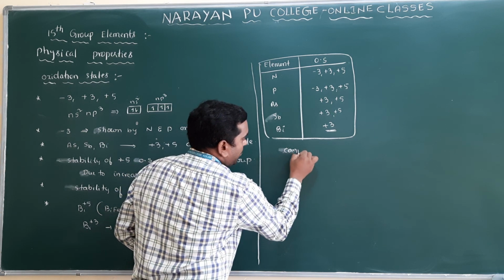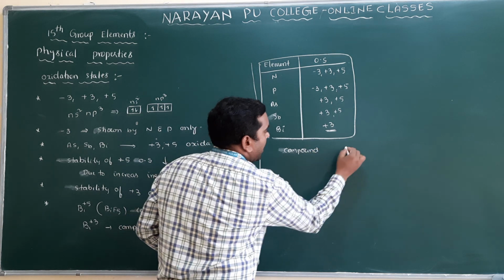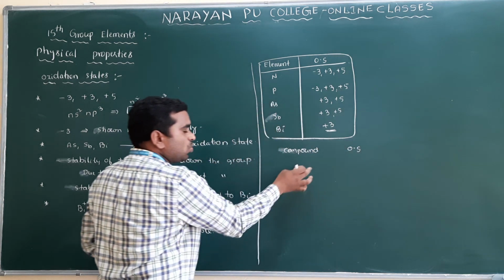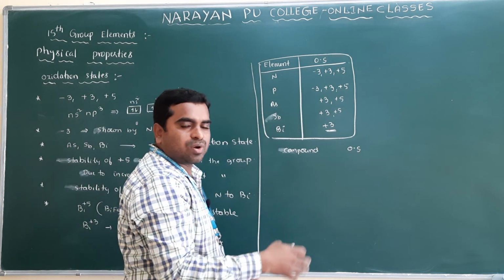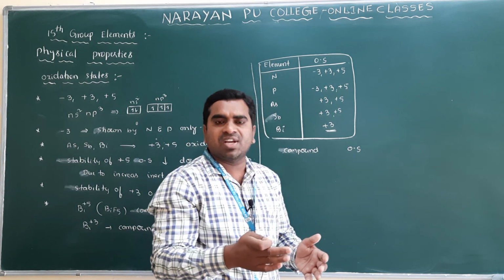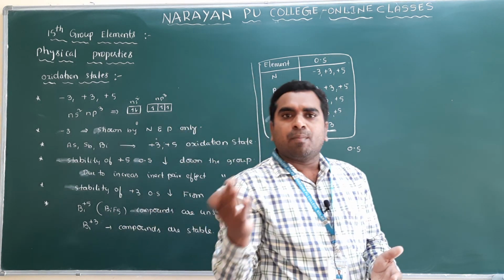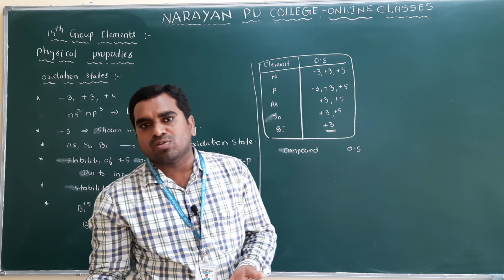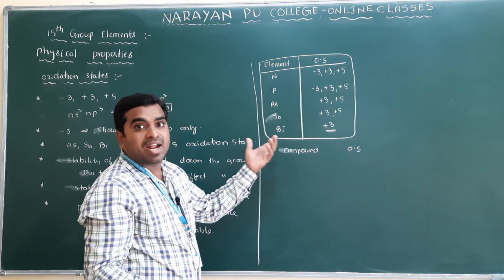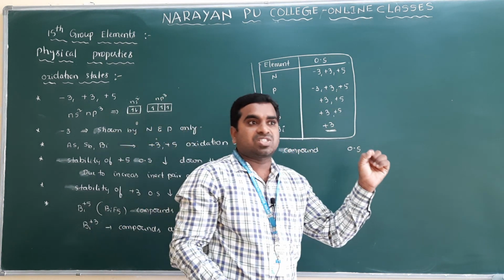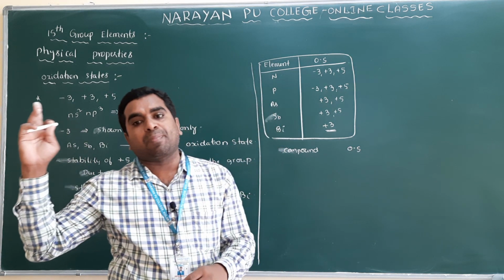Here I will write compound, and here oxidation state. This is only for which one? Nitrogen. Because nitrogen is small in size and has high electronegativity, it can show the positive oxidation state and also the negative oxidation state. Nitrogen will show oxidation states from -3 to +5.